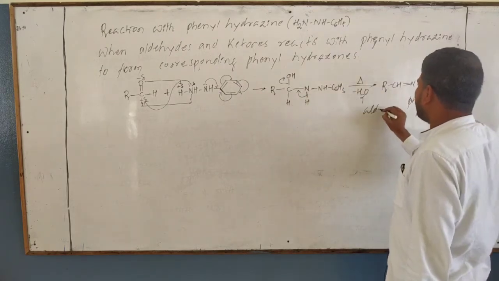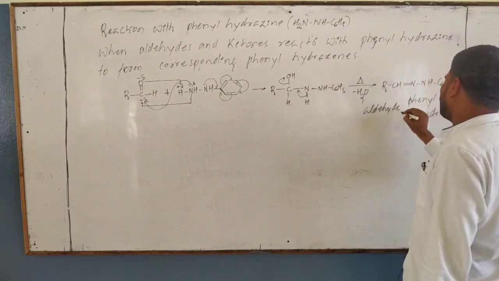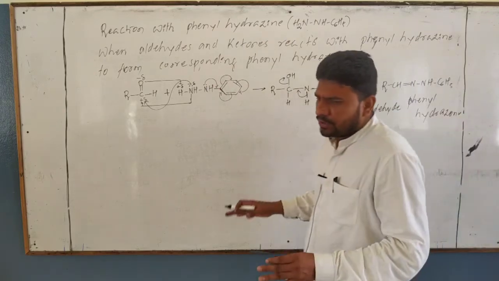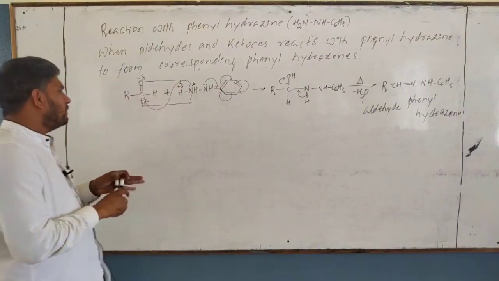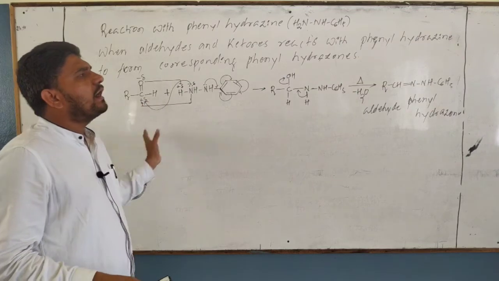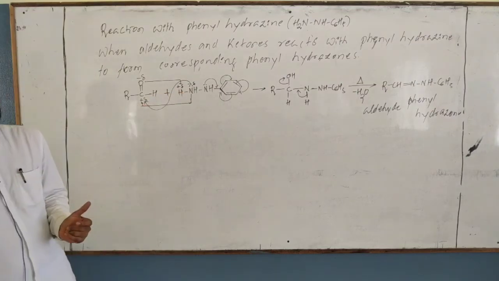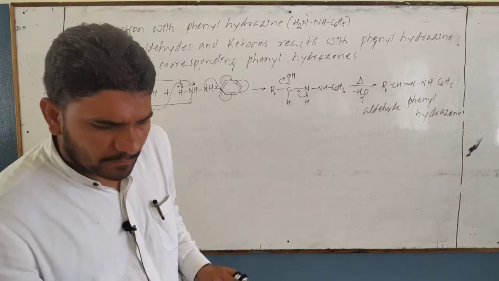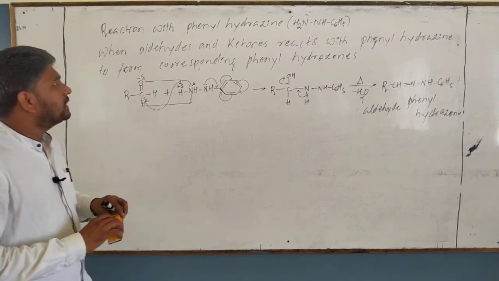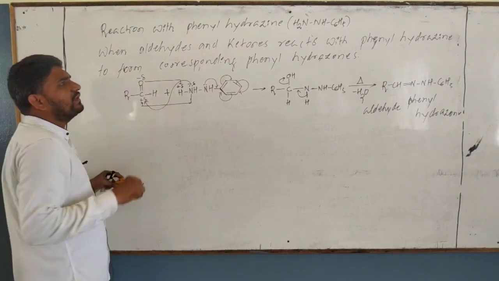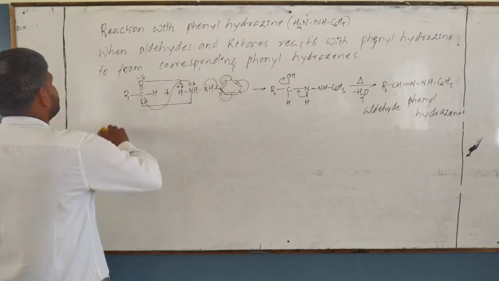That's why this is known as aldehyde phenyl hydrazone. If you take a ketone, just replace this H by R, you are going to get a ketone phenyl hydrazone. Understood? Okay. This is regarding the reaction with phenyl hydrazine.